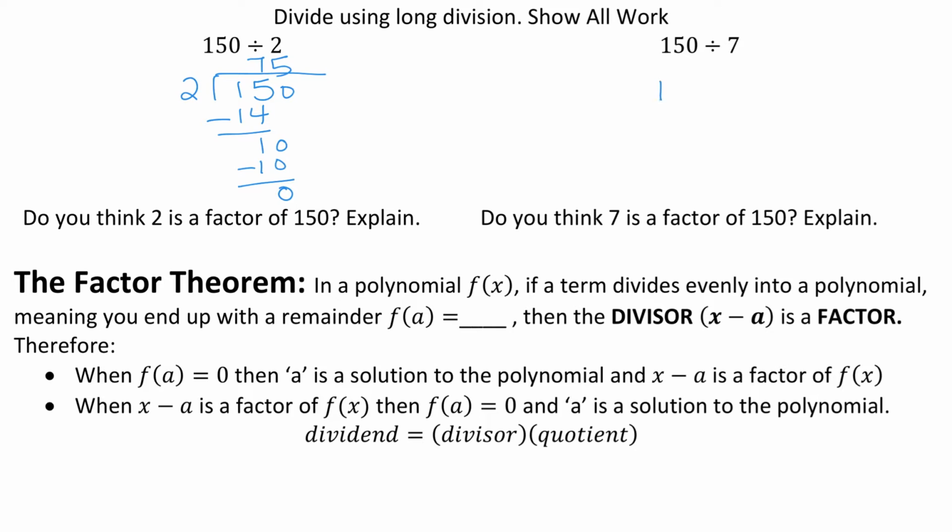What about 150 divided by 7? 7 goes into 15 twice. That would be 14. Bring down the 0, so 7 goes into 10 one time, but it would have a remainder of 3. So this one has a remainder of 0, and this one has a remainder of 3.